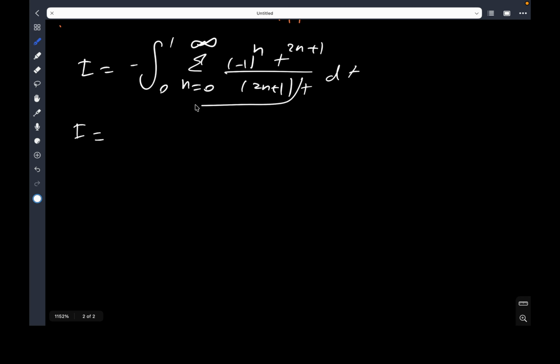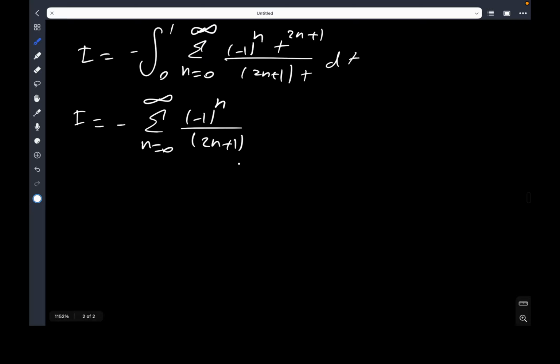So these are going to come out of this integral because they are constants: negative the sum from 0 to infinity of negative 1 to the n over 2n plus 1, times the integral from 0 to 1 of t to the 2n plus 1 over t dt.